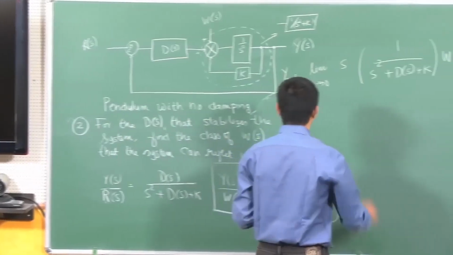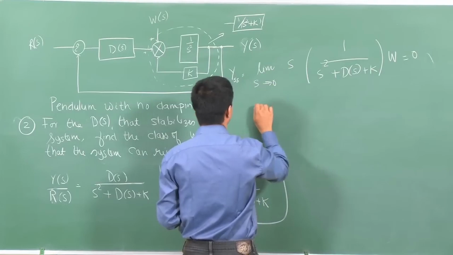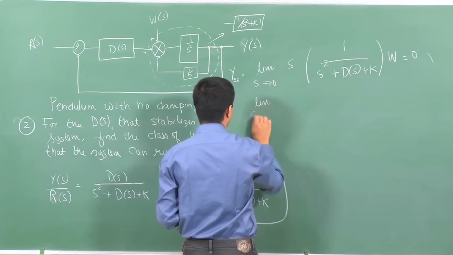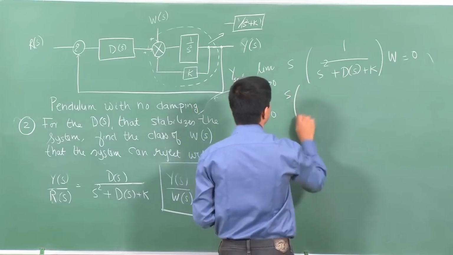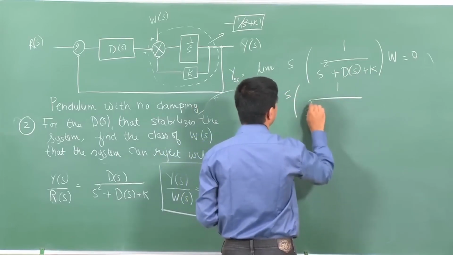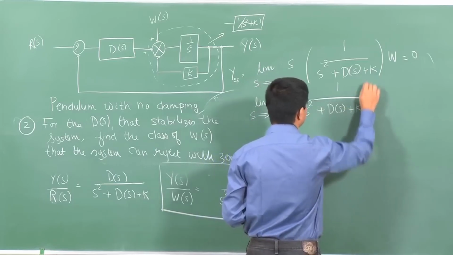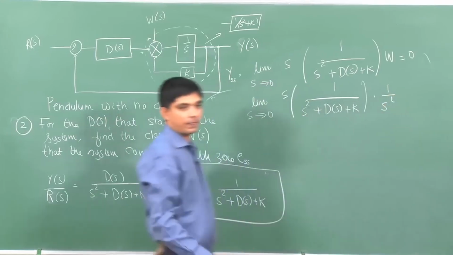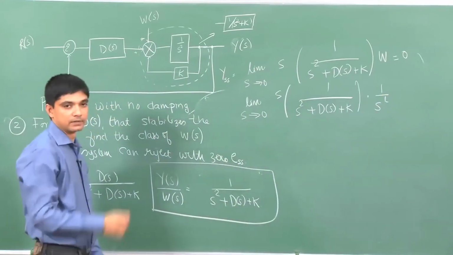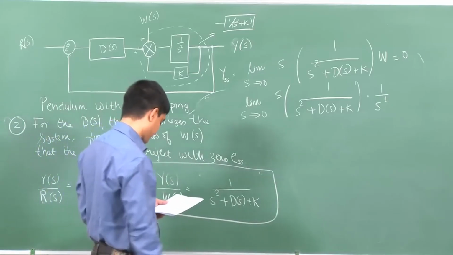Okay, so this would mean that this is limit s going to 0, s times 1 over s square plus ds plus k, and let me assume that W is of some form s power l, could be a step, could be a ramp or a parabolic kind of thing, and so on.